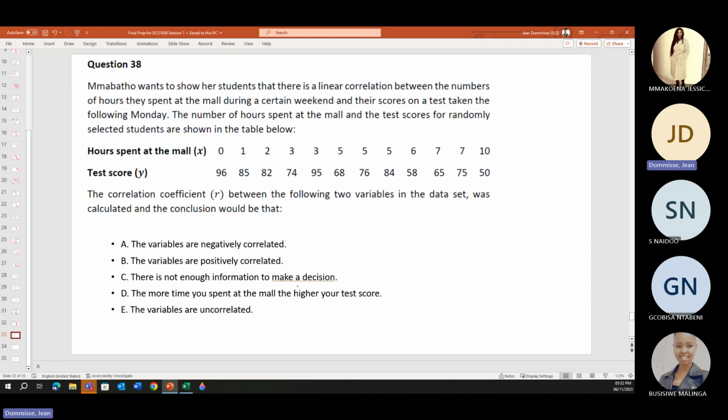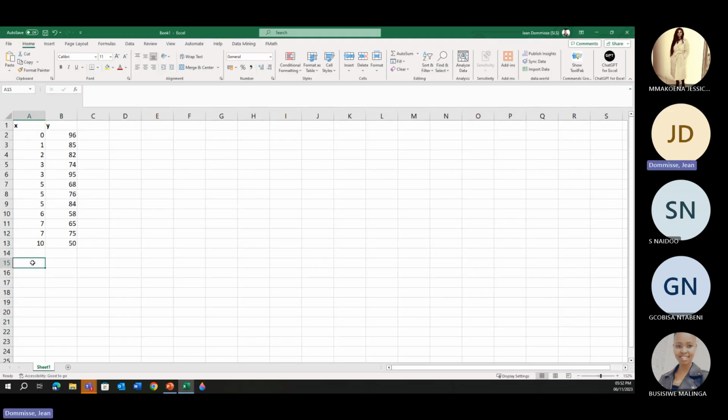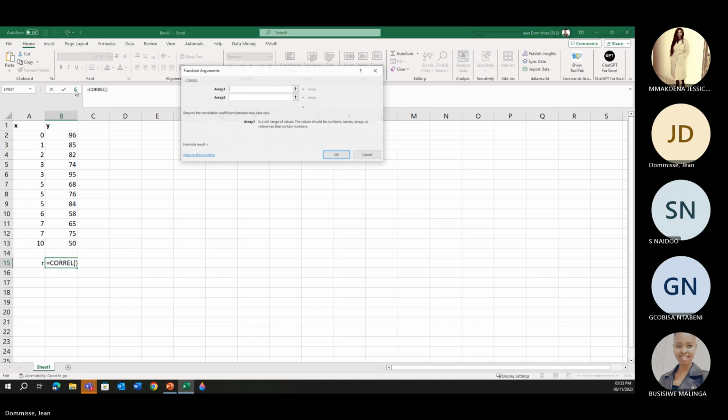Okay, so let's work it out, and then we can look at those options. Okay, so I want us to work out R, and that is just correlation. So there is a correlation coefficient that we can work out.